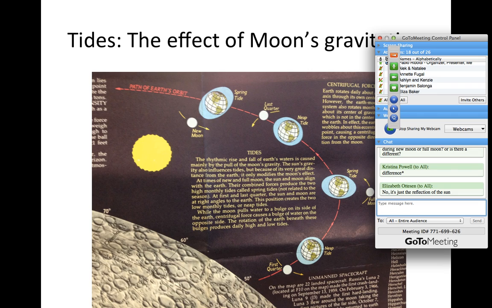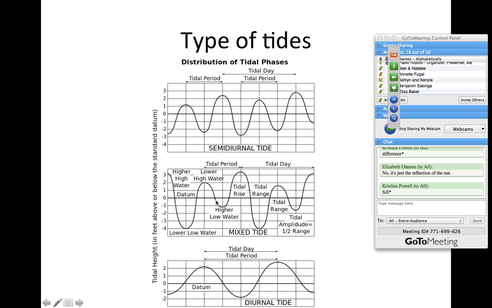So again, both during new moon and during full moon, the gravitational pull of the moon and the sun combine. Because of that, some places have two high tides during the day. Most places on the Earth have four tides. Sometimes they have what is called semi-diurnal tide, meaning that you have four tides per day.